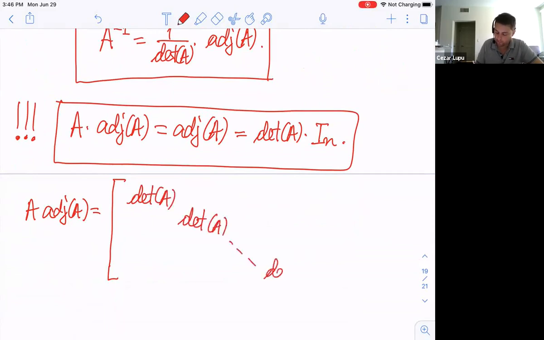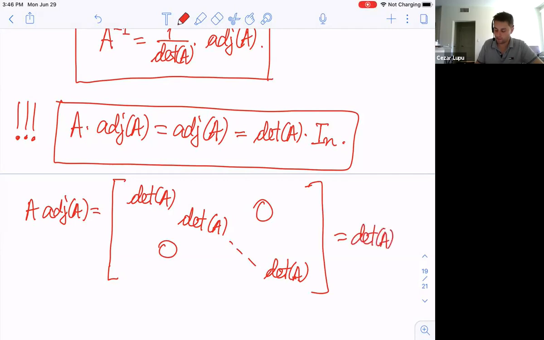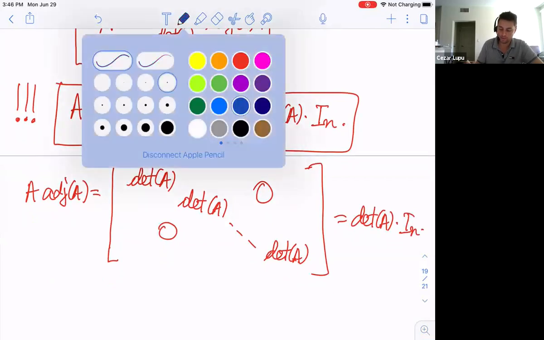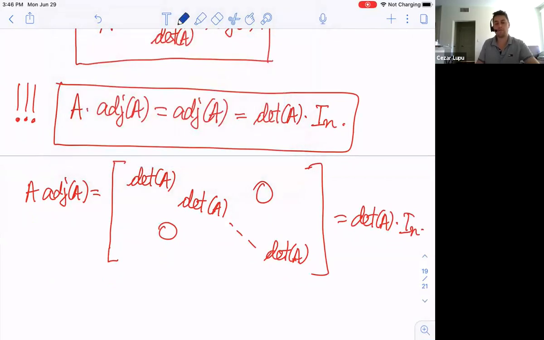You keep going, and then the rest will be 0. Since the determinant is a scalar, you take it out, and it's nothing else than the determinant of A times the identity. So that's a very, very important thing for you to know.